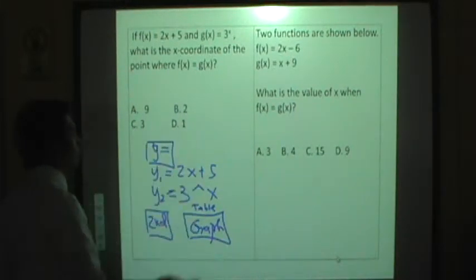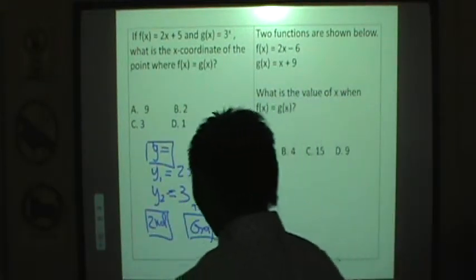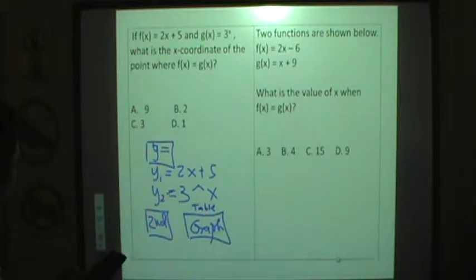It could be 2, 3, or 1. So let me do that myself here. Here we have y equals, 2x minus 5, and then for the second function we have 3 up, and then the x. In the table, let me start with 9.